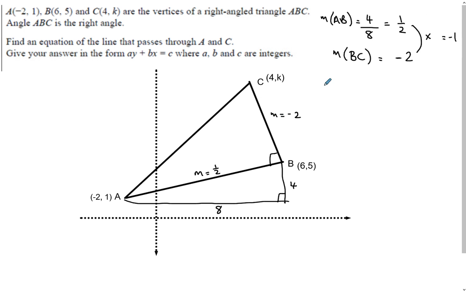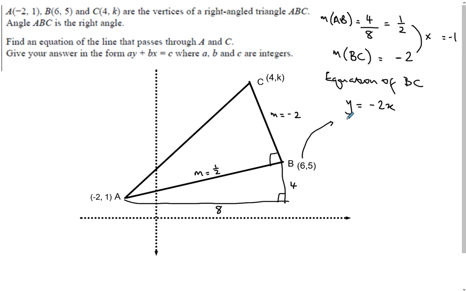All right, we'll use that and try and find the equation. So the equation of BC, we know the first part of it, so y equals -2x, and we know a point that lies on the line, so we go and substitute it.